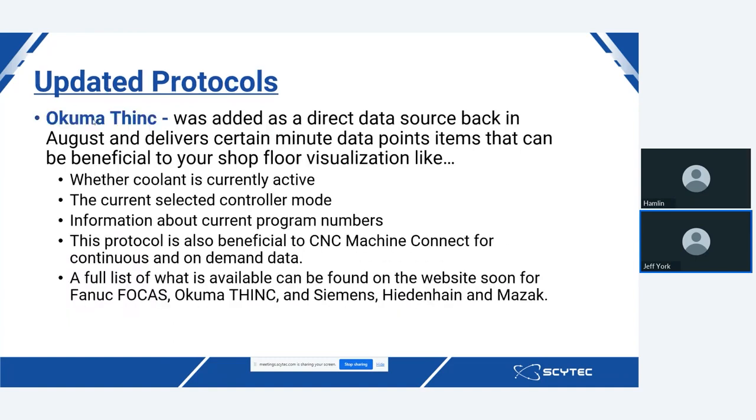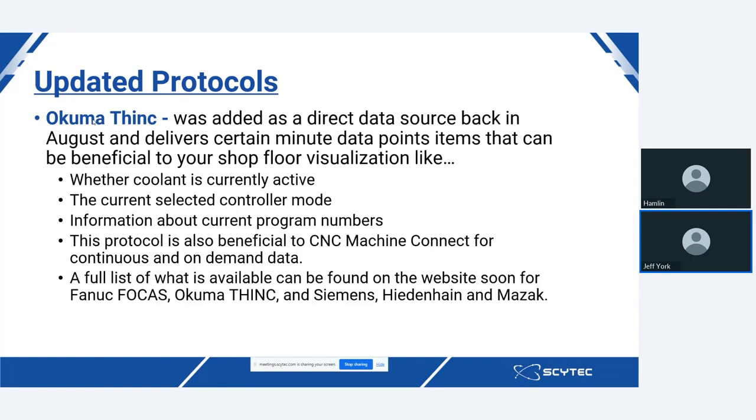Specifically, last August, we added Akuma Think as a direct data source that delivers certain minute data point items that can be beneficial to your shop floor visualization. And these go way beyond just, is my machine running or not running, or is it in an unknown downtime?